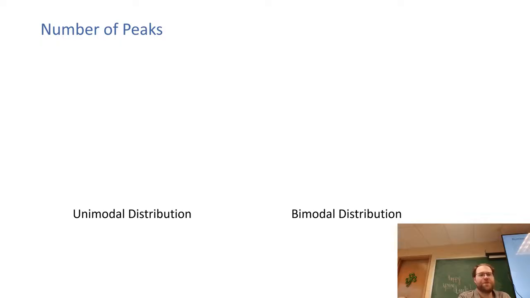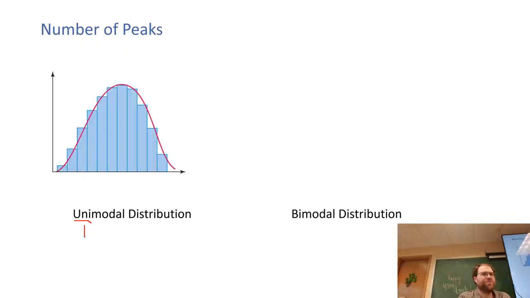So for number of peaks, the prefix uni means what number? 1. So think 1 peak or maximum value. Bi is the prefix for 2.